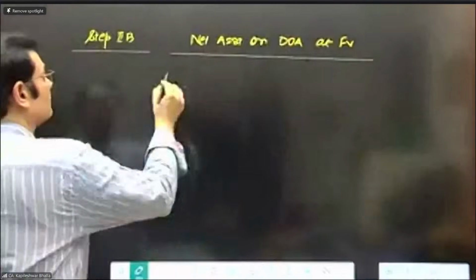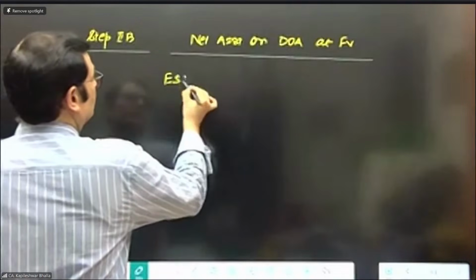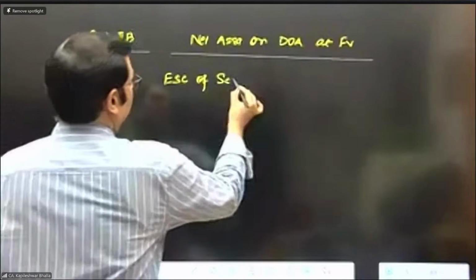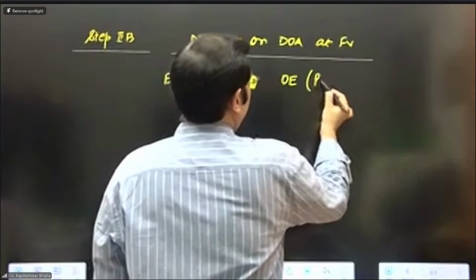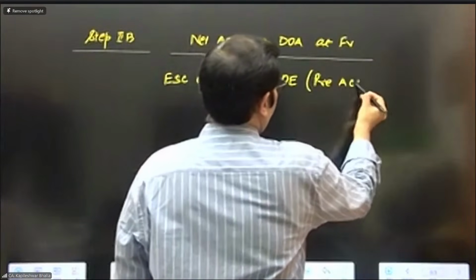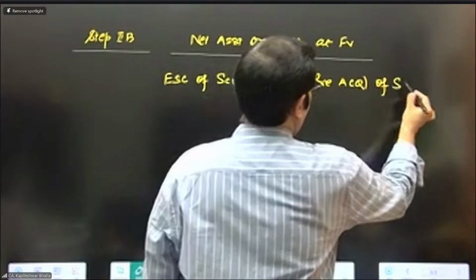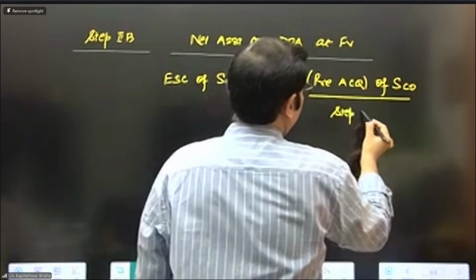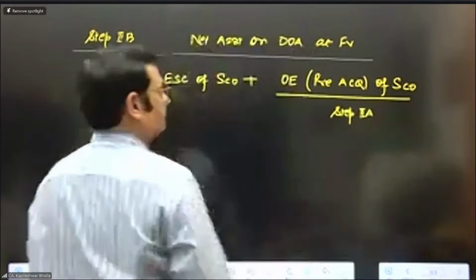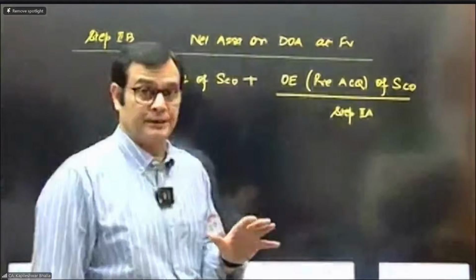We take the equity share capital of the subsidiary company, and to this we add the pre-acquisition other equity of the subsidiary company. This information you've already organized in step number 2A. So step number 2B is not going to pose any issues.